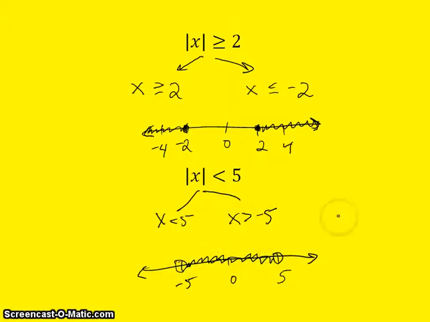So here we have an AND type of graph where you have something shaded in the middle. Think of intersection. Here you have an OR graph, shaded to the left and the right sides. So today we can have a combination or either one of those depending on the inequality.